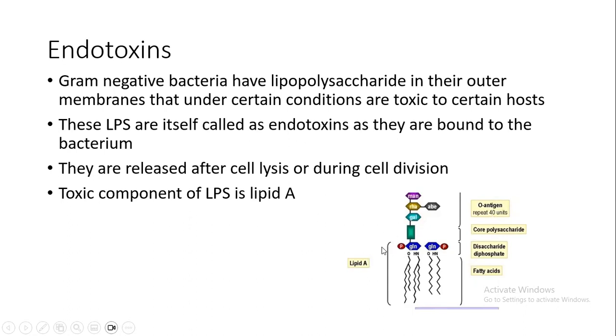It contains the innermost portion, which is known as lipid A. Outer to it are present the core polysaccharides, and outer to these are present the O antigens. The lipid A part of the lipopolysaccharide can actually act like a toxin. So endotoxins are nothing but the lipid A portion of the lipopolysaccharide.